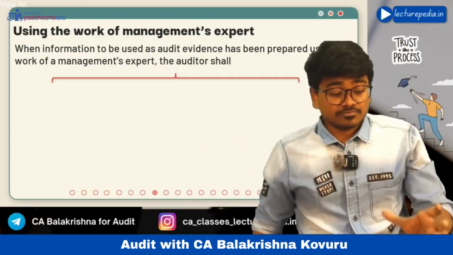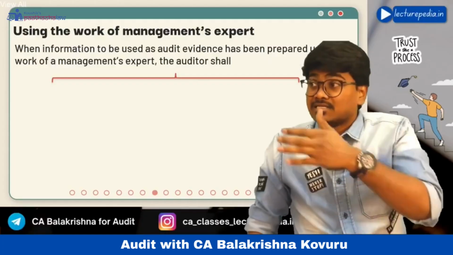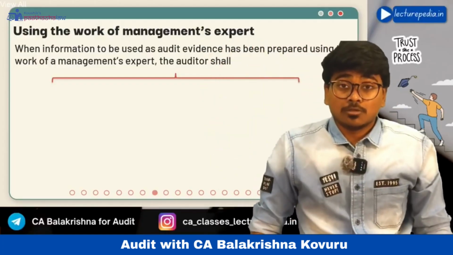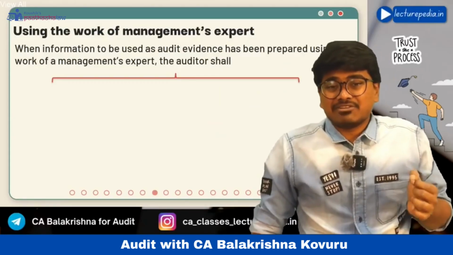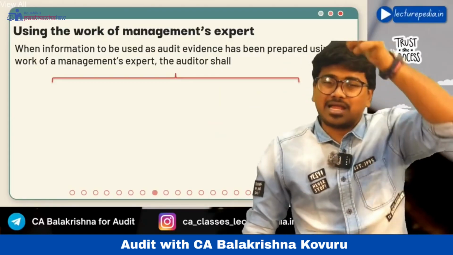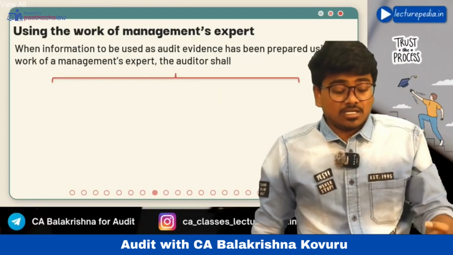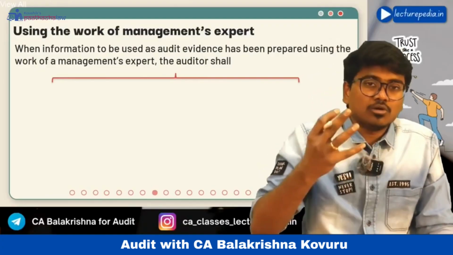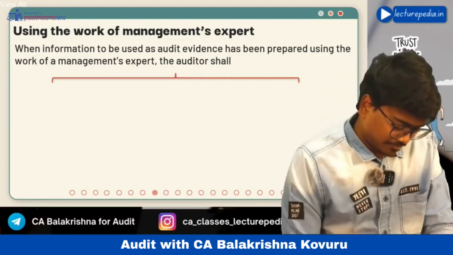Now here the audit evidence is the calculation that has been done by the management's expert. So when the auditor uses the evidence that is prepared by management's expert, what precautions have to be taken by the auditor? Okay, how do you have to verify such evidence? Let's see.